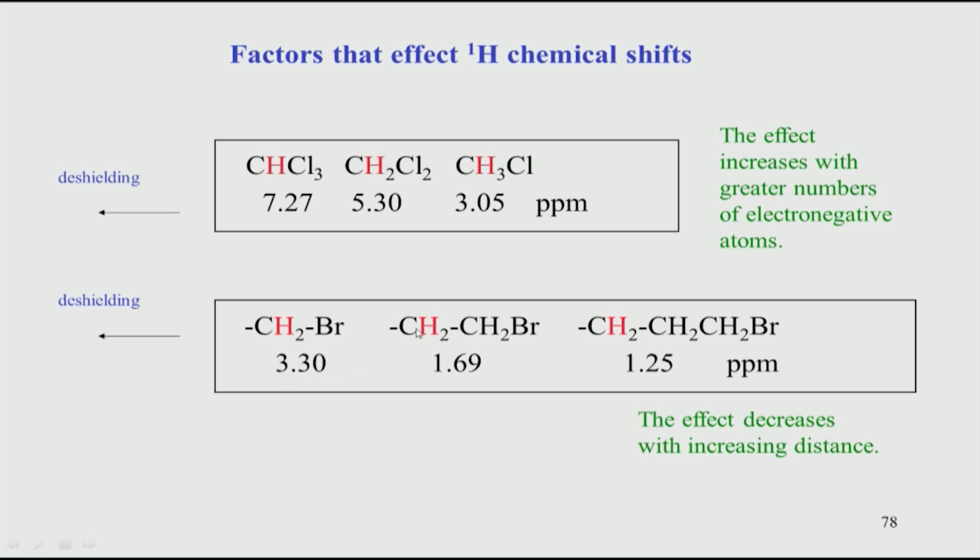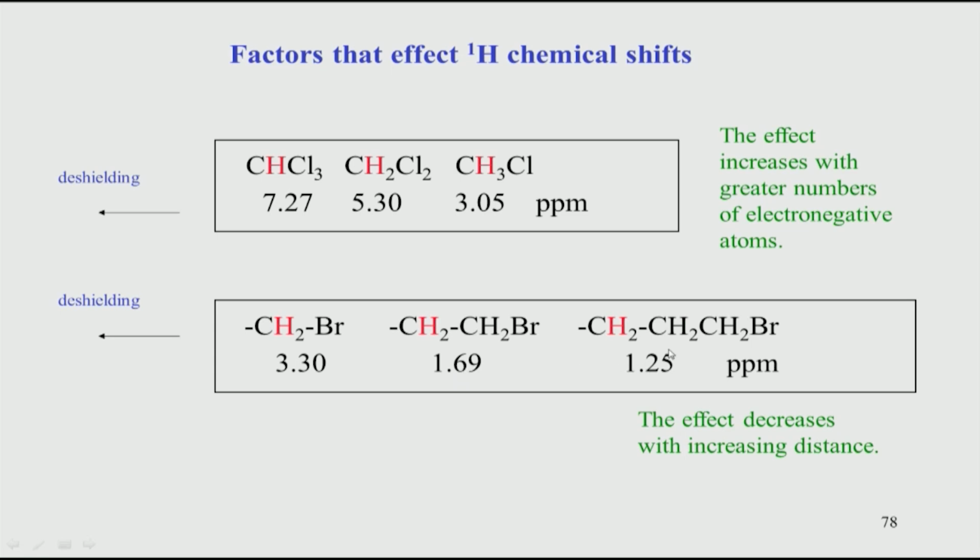But now, if I insert a methylene group between this bromine and this CH2, I am reducing the effect of the bromine on this hydrogen. Why? Because now there is an intervening group, and the bromine is located farther away from this hydrogen. So, its electronegative effect in pulling the electron cloud from this hydrogen is reduced considerably, and that results in this hydrogen getting back into the shielded state, and therefore the ppm value goes upfield.